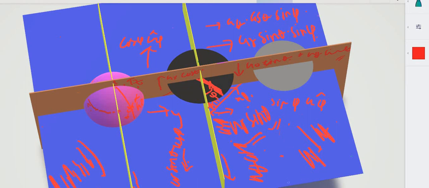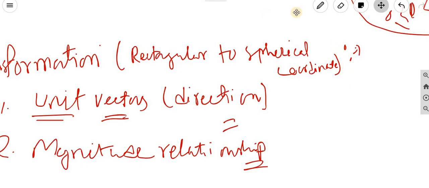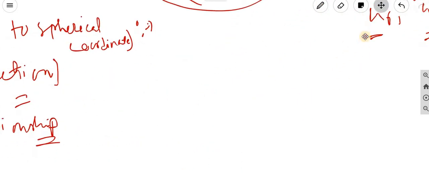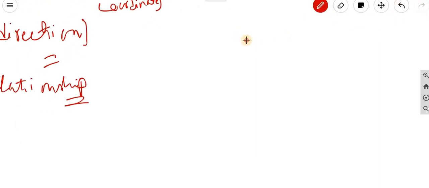So now finally if you see, for AR component, we got in the x direction, y direction, z direction.